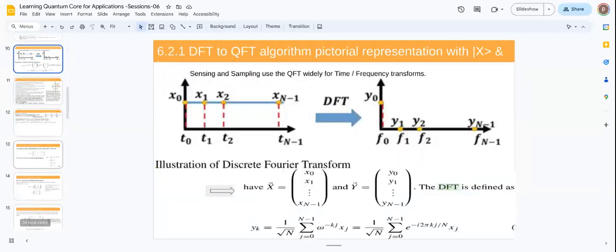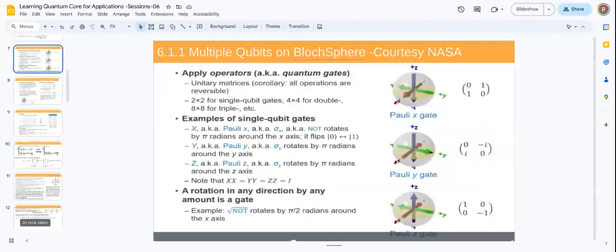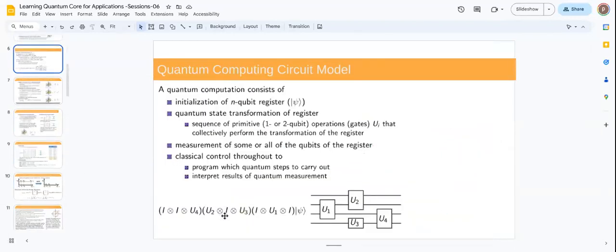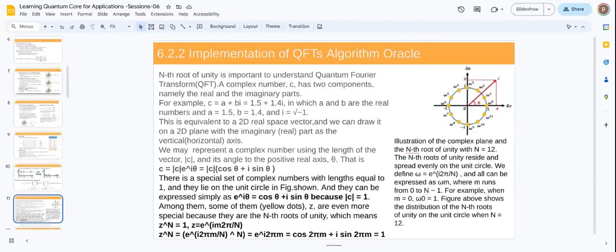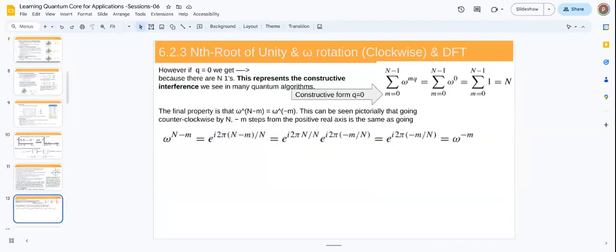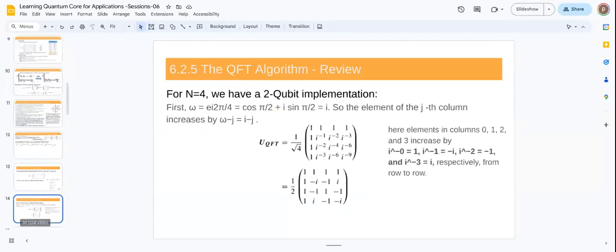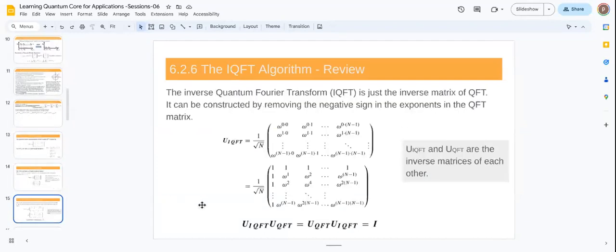For example, in standard logic you have seen previously U1, U2, U3, U4. So generally the gates are represented as unitary gates, and that is what we show in our QFT, and that is the universal gate.